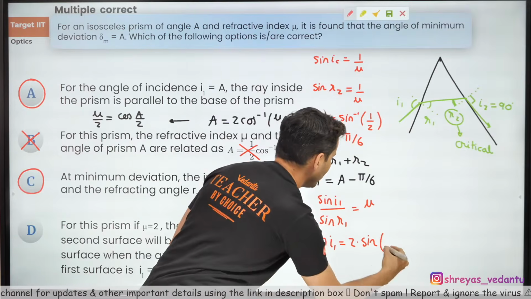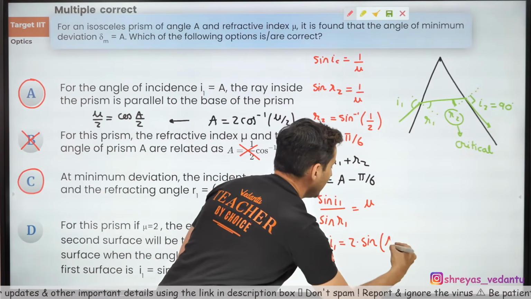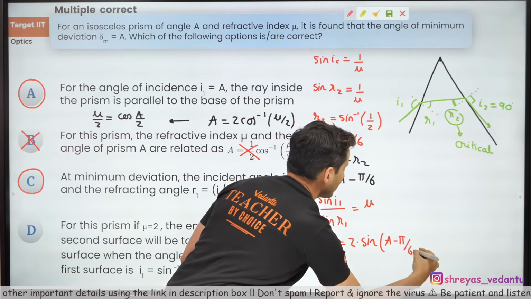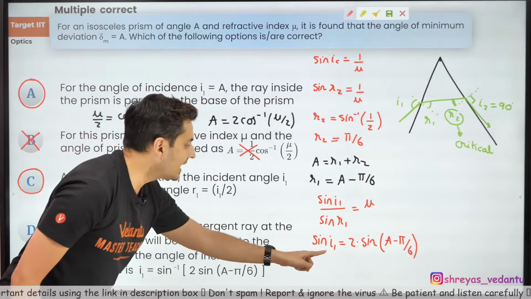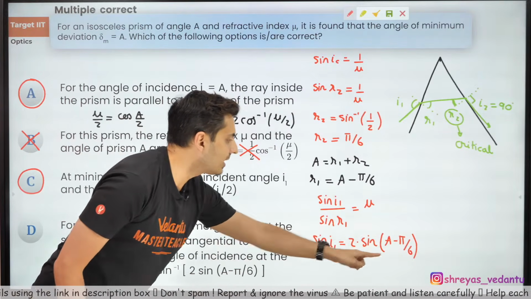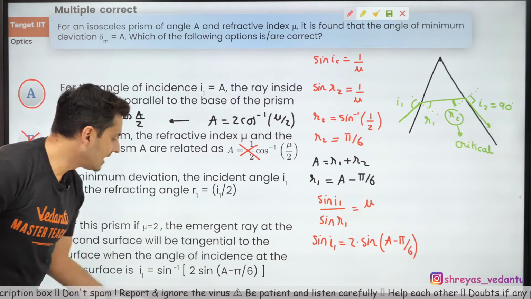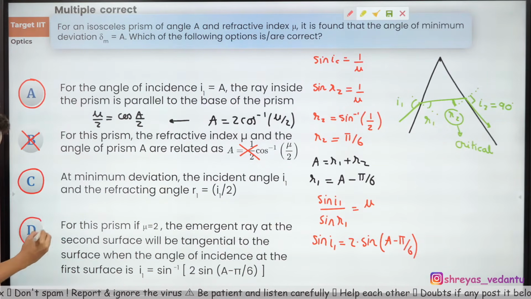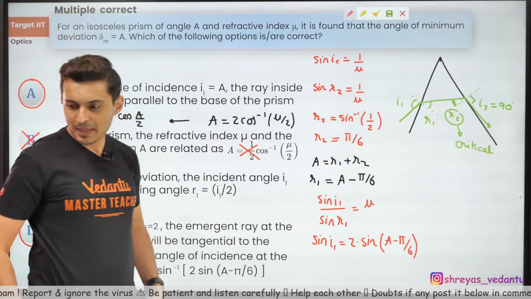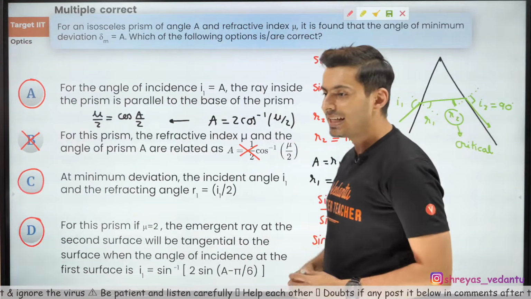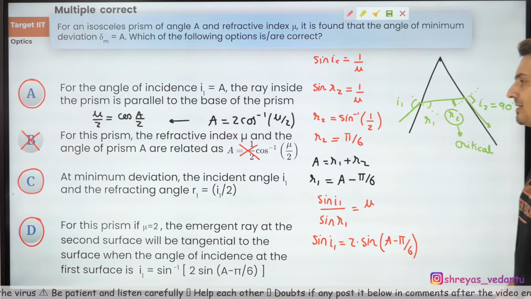What is sine of R1? R1 is A minus pi by 6. If sine I1 is 2, sine A minus pi by 6. So I1 will be sine inverse of that. Hence, this option is also correct. Yep. A, C, D. Those are the correct answers.